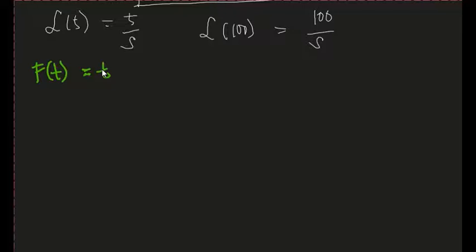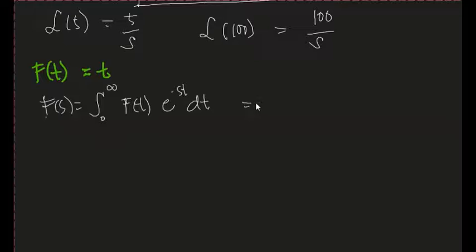To perform the Laplace transform of this one, we will substitute it into our equation. So our equation will be equal to the integral from 0 to infinity of your function of t e raised to negative st dt.